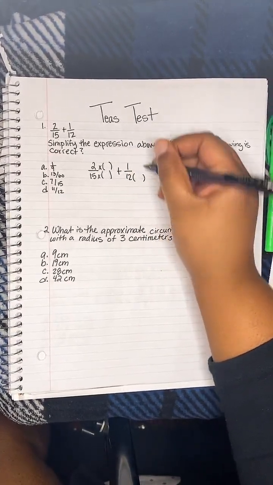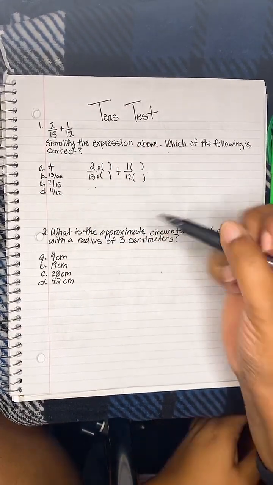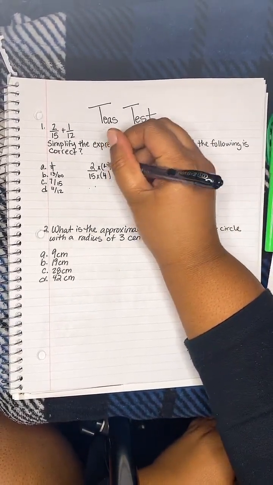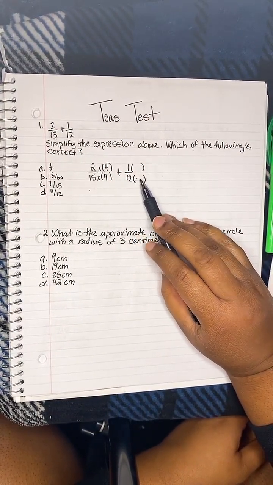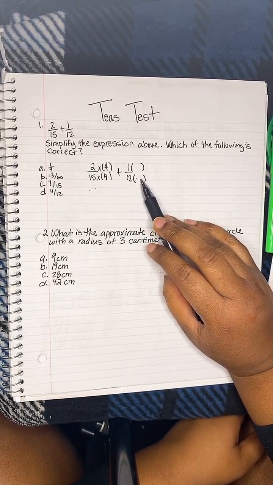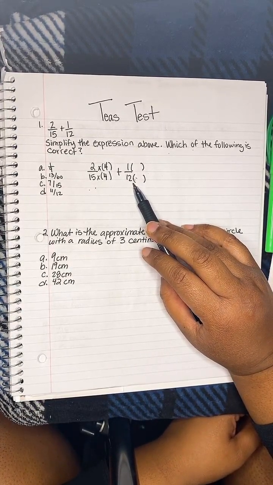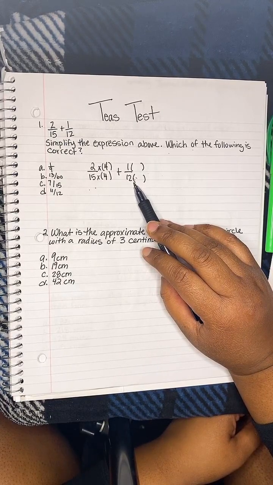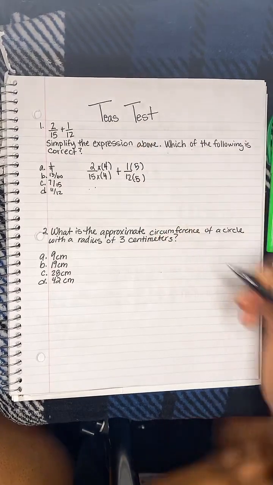And then 12 times what gives us 60? People are saying 4. Perfect. 4 and 4 here. And then how many 12s do you need to get to 60? 12 times 5. Perfect. 5 and 5.